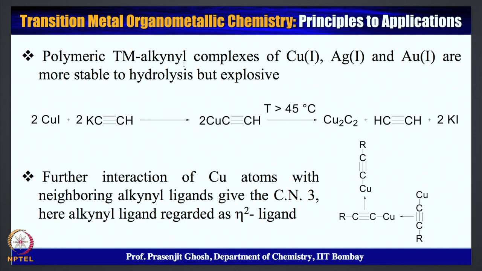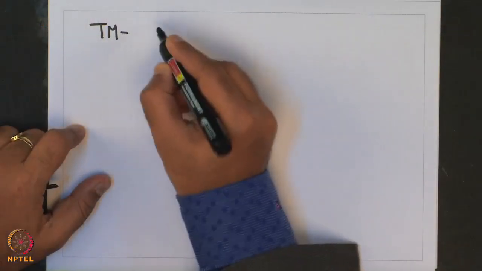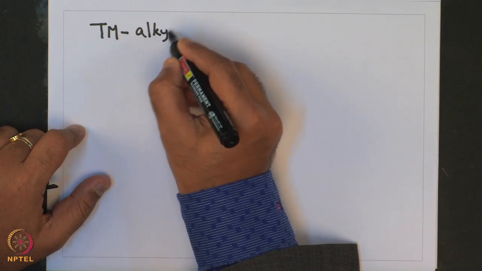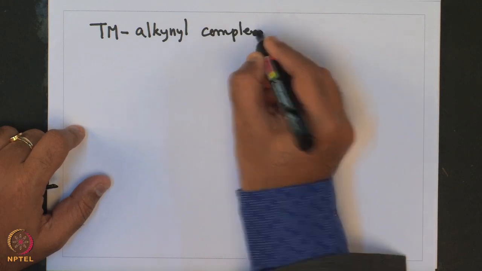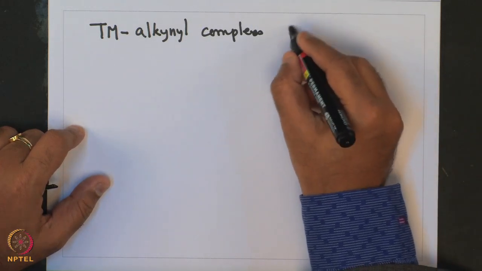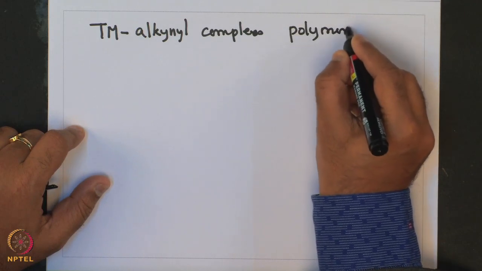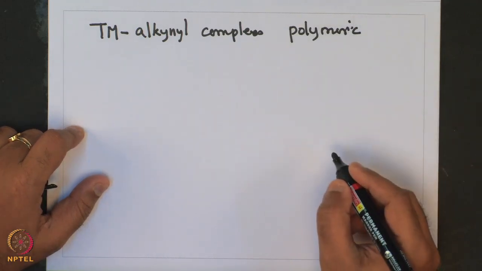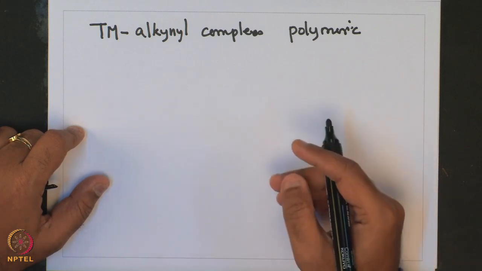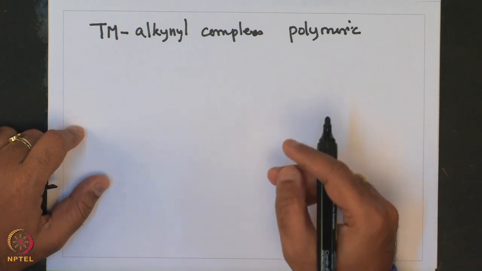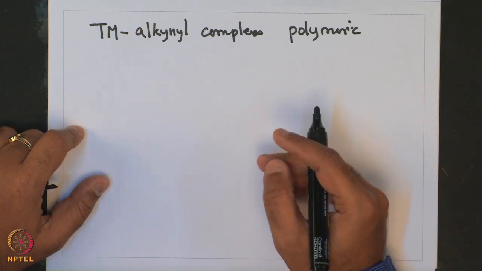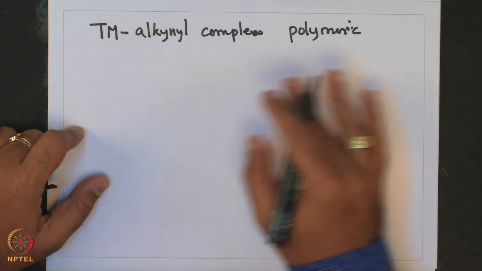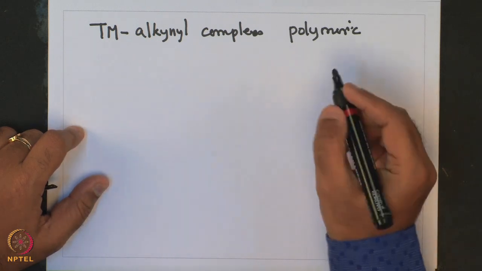So, transition metal alkynyl complexes are polymeric, and this is primarily because of their electron rich nature. So, they tend to bind more to metal ions through polymerization, and in their polymeric form they are more stable to hydrolysis.